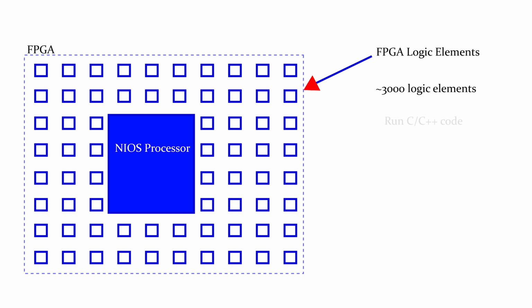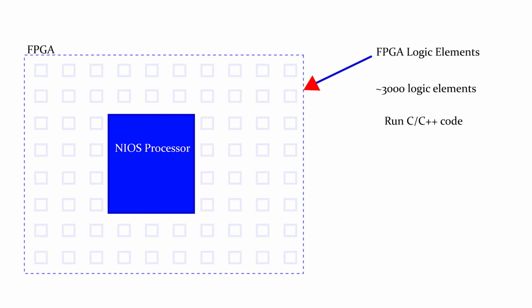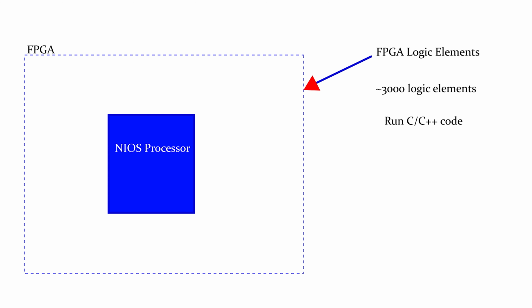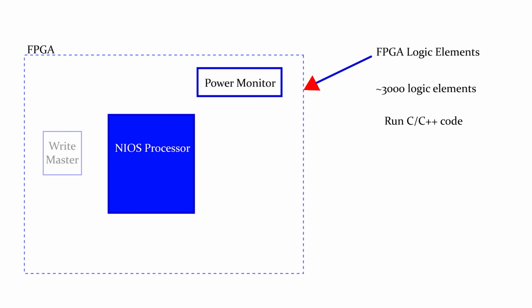It's quite remarkable when you think about it how this is possible. The number of logic elements necessary is around 3,000 for a basic embedded processor. But as soon as you have this, it allows you to run C and C++ code, which is a huge advantage because this gives you something that the basic hardware in the FPGA can't give you.